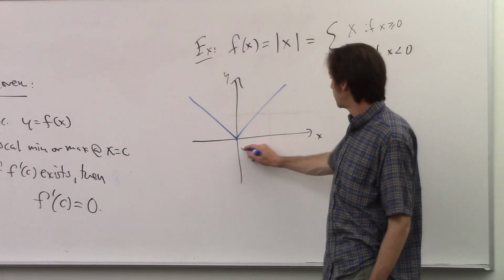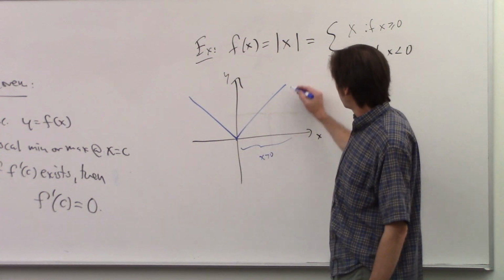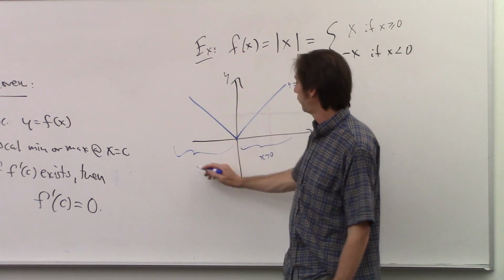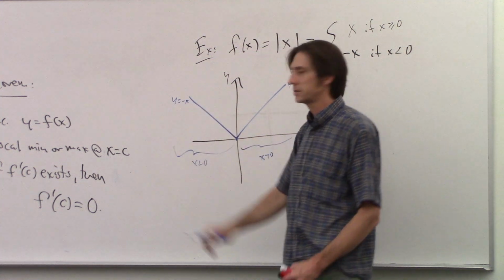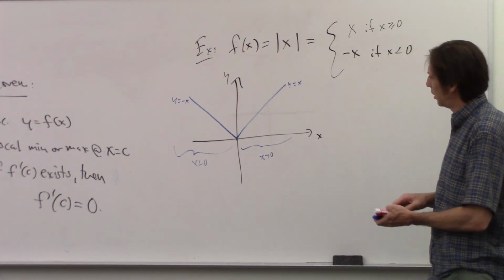When x is positive over here, my curve is just y equals x. Over on this side, when x is negative, the curve is y equals minus x, right, the opposite, or the off diagonal.